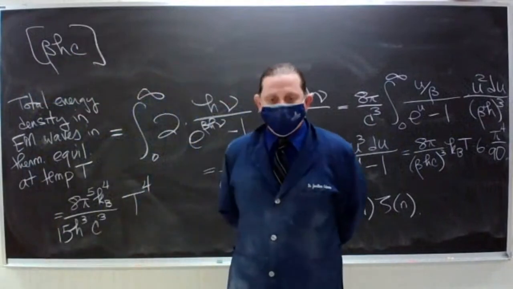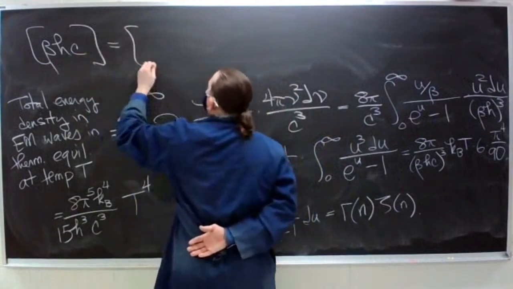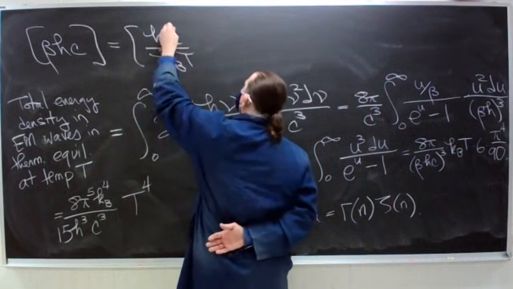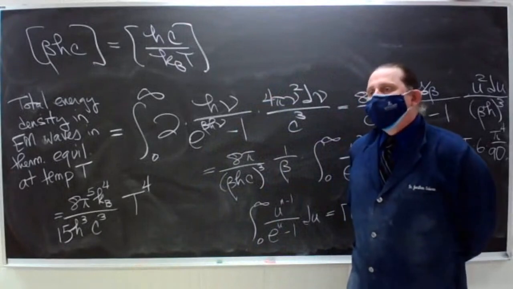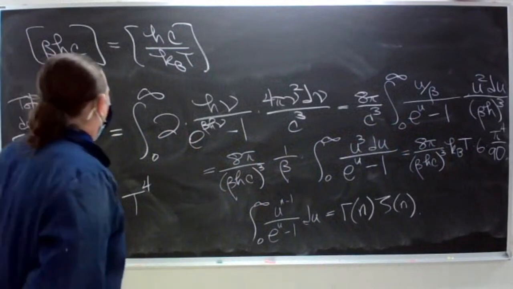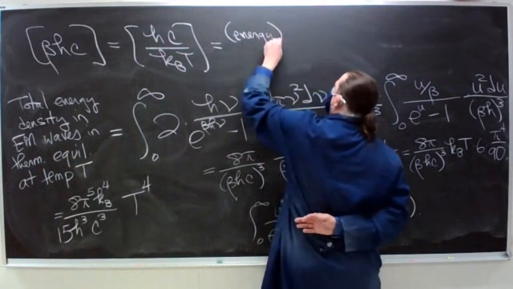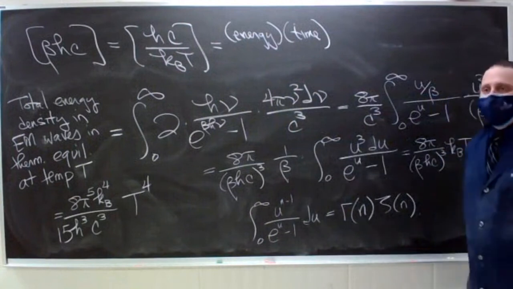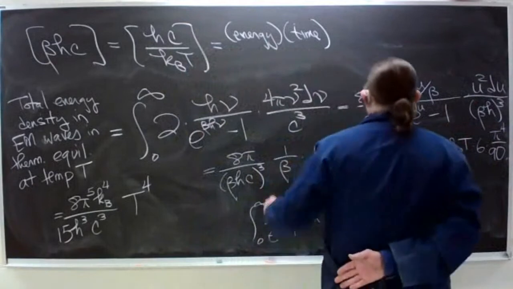What is beta hc? Well, this is hc divided by K Boltzmann T. Planck's constant, h, was energy times time. The speed of light, c, is length divided by time.